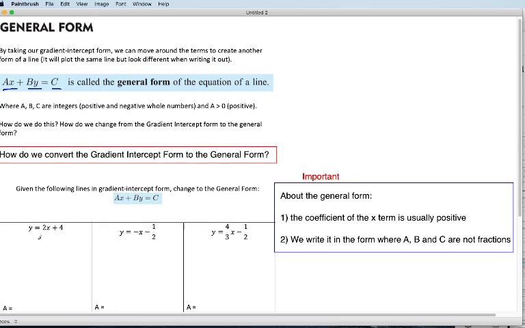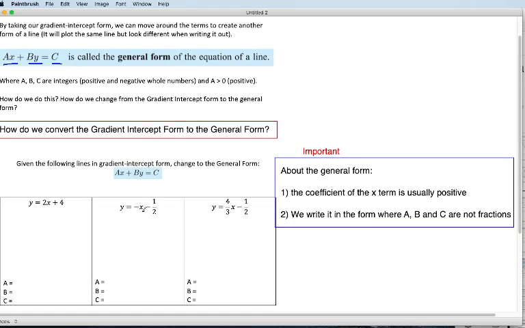So if you look below here, you can see that these are in the gradient intercept form. Here's my gradient 2 and my intercept 4, right? Here my gradient is, well, we have a hidden 1, so we have -1 and -1/2. And my gradient for this one is 4/3, and my y-intercept is -1/2. So this is all in gradient intercept form. And what I would like to do is change it to this bizarre general form.